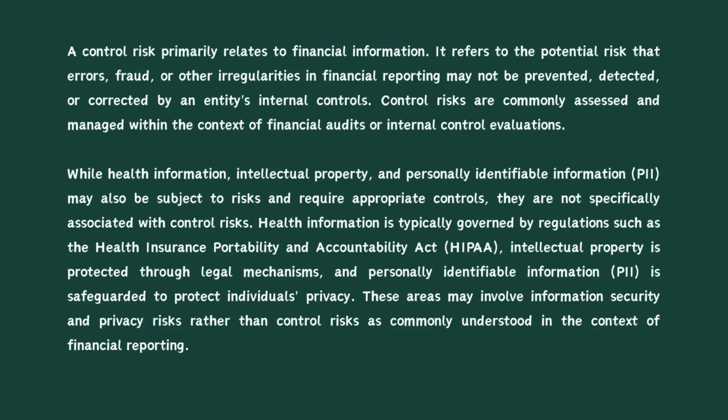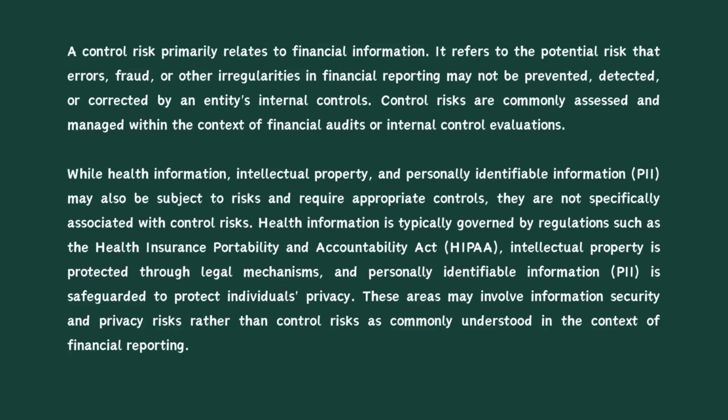Control risks are commonly assessed and managed within the context of financial audits or internal control evaluations, while health information, intellectual property, and personally identifiable information may also be subject to risks and require appropriate controls. They are not specifically associated with control risks.